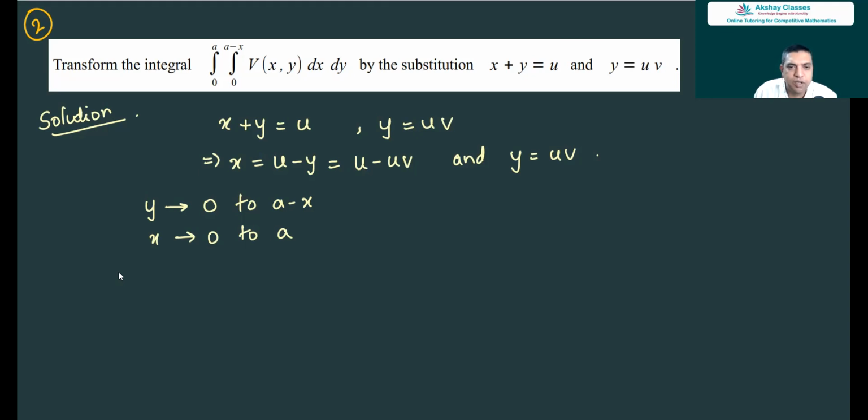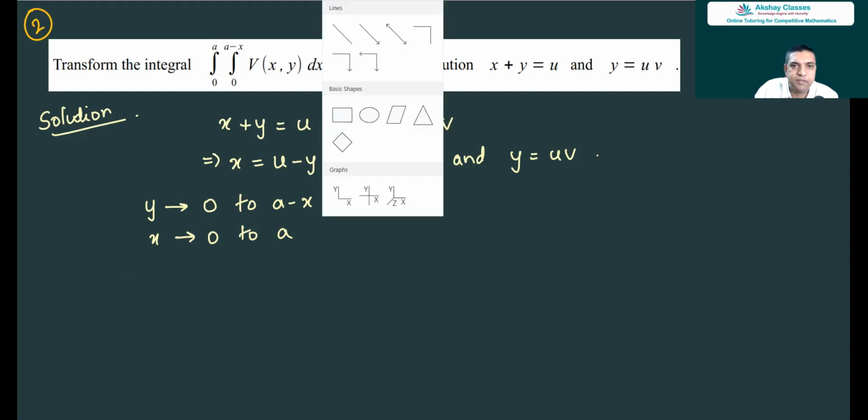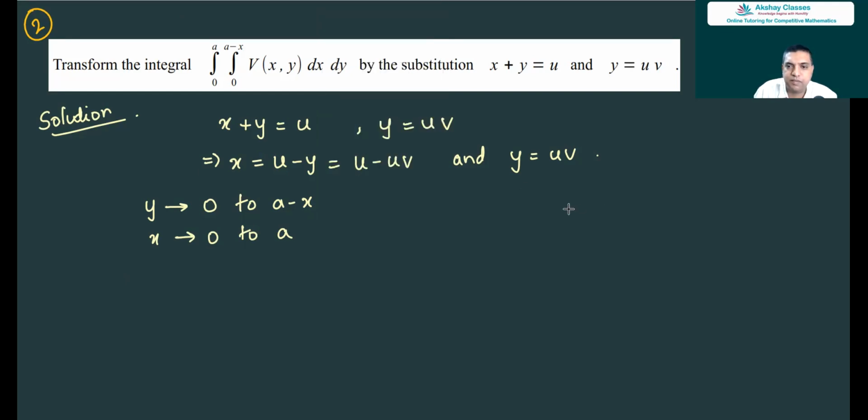That we need to check. This line, y is equal to a minus x, means x plus y is equal to a. This is the region R in the x, y plane.